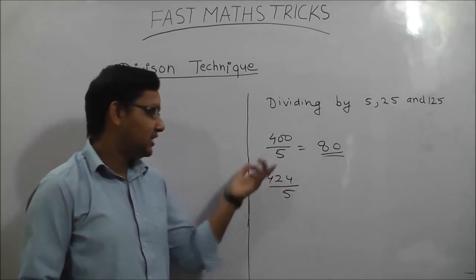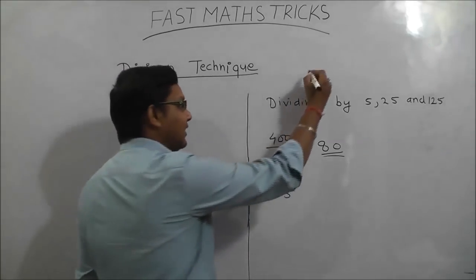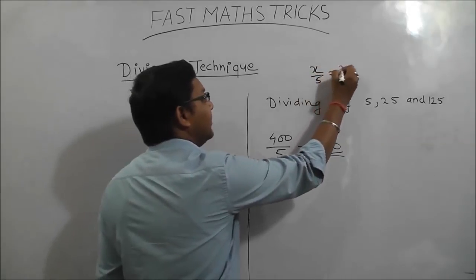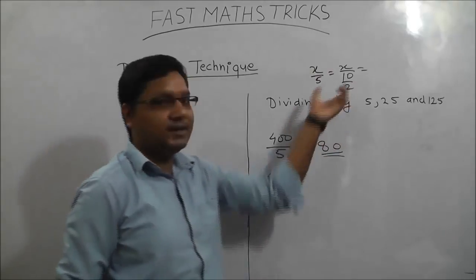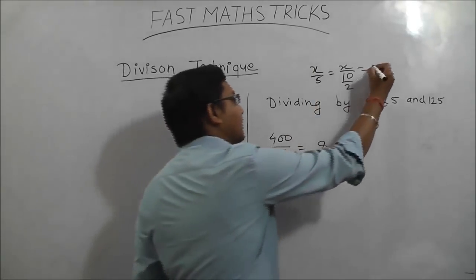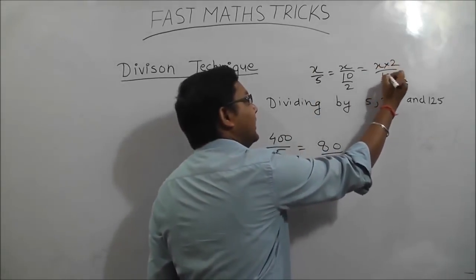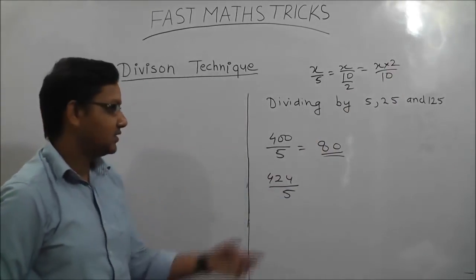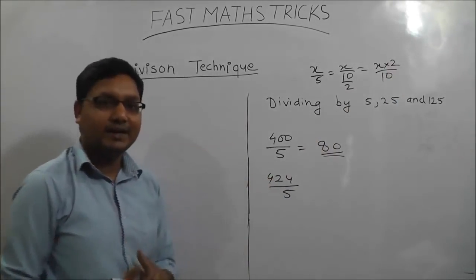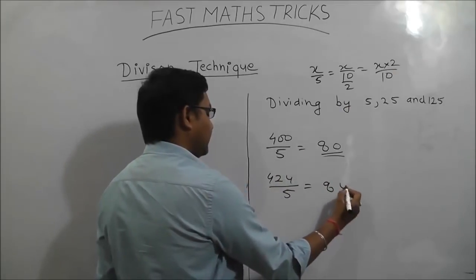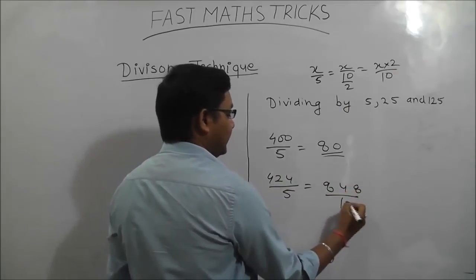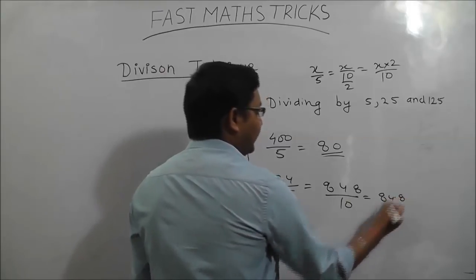Okay, so in this type of division, dividing any number by 5 is the same as, see, 5 we can write as 10 by 2. So it is the same as first multiplying by 2 and then dividing by 10. First multiply this number by 2 and then divide by 10. Multiplying this number by 2, we will get 1048 upon 10, that is 104.8.